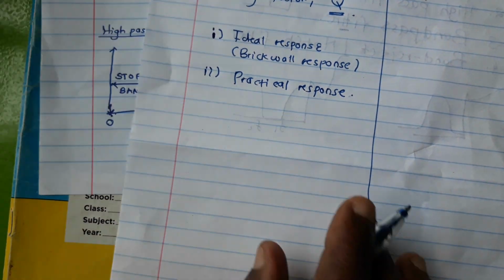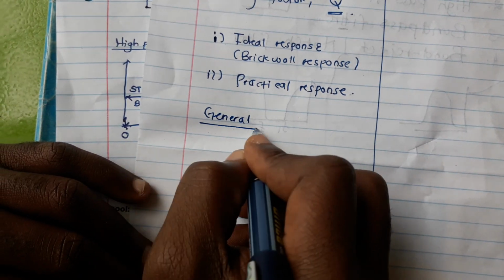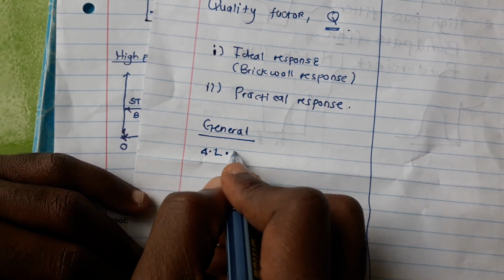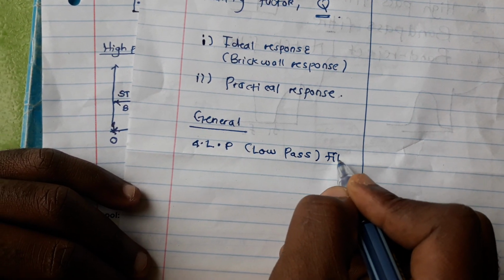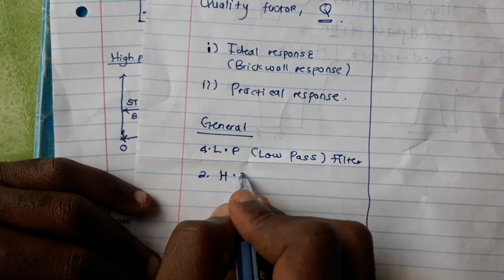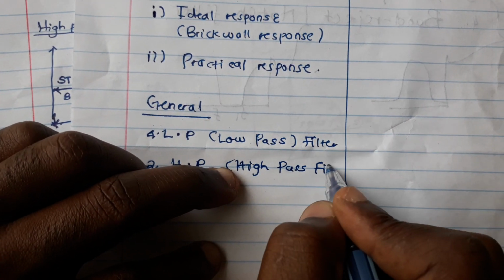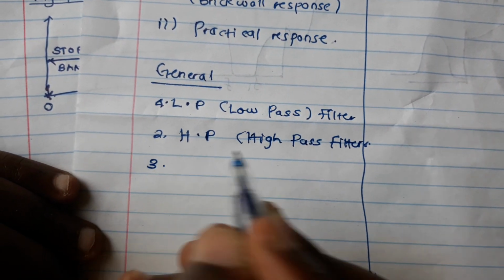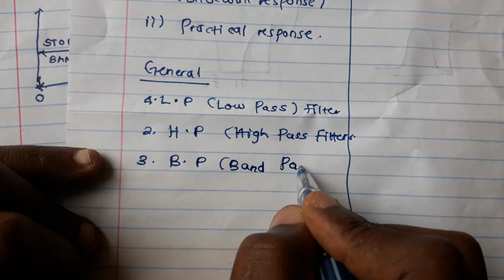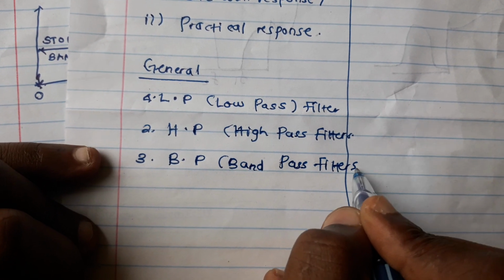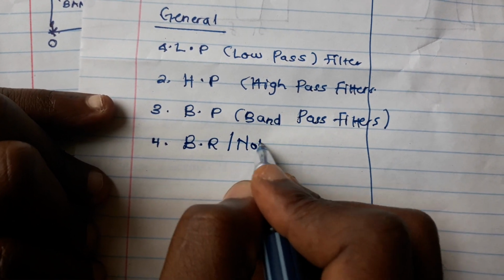And after the general classification of filters, just as a review, filters are generally classified into number 1, low-pass filters, number 2, high-pass filters, number 3, band pass filters, and number 4, band reject or notch filters.